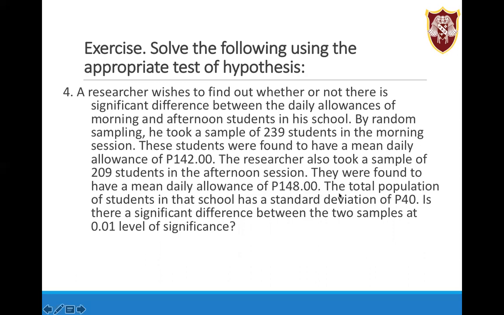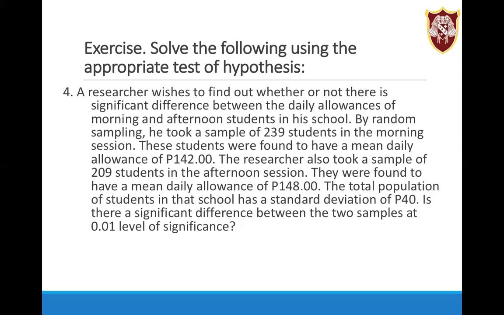So in this statement, the total population of students in that school has a standard deviation of 40 pesos. So that means the standard deviation is based on the population. So this one is a parameter. We are comparing two samples, but the standard deviation is from the population. Therefore, we have to apply z-test. Okay. And the level of significance is given at 0.01.